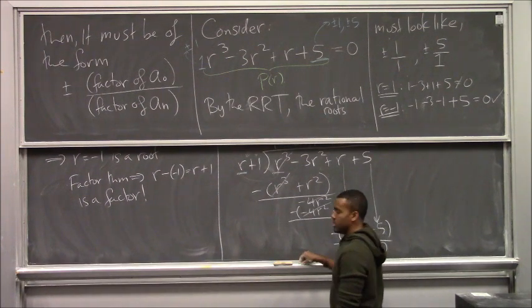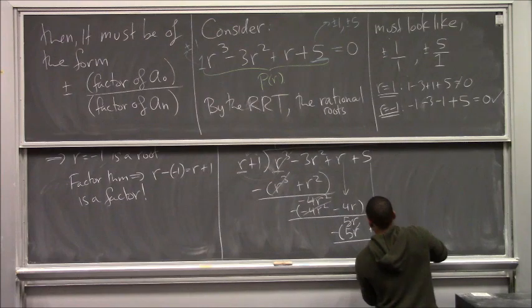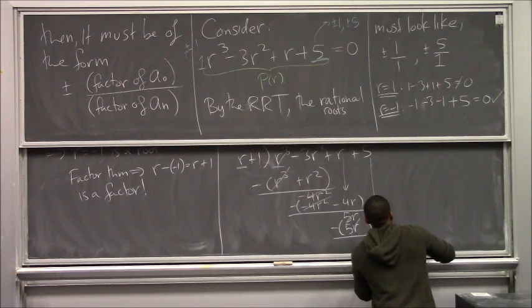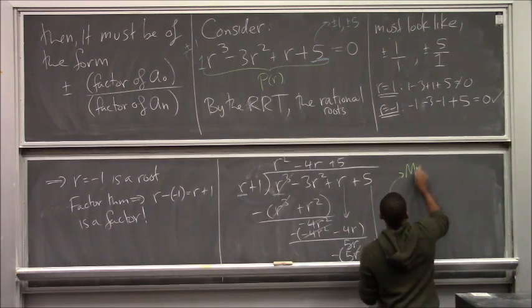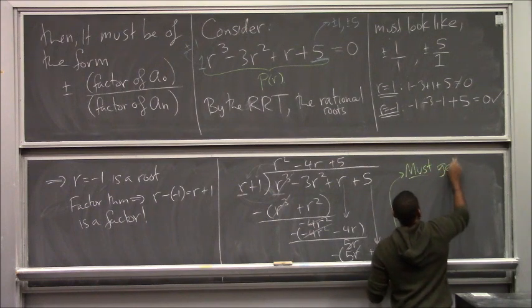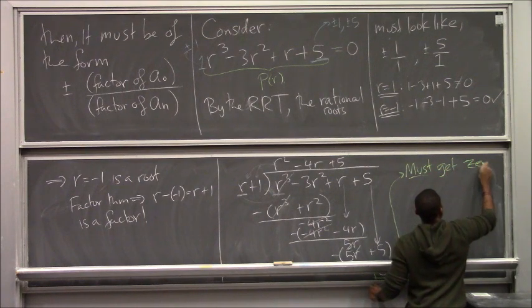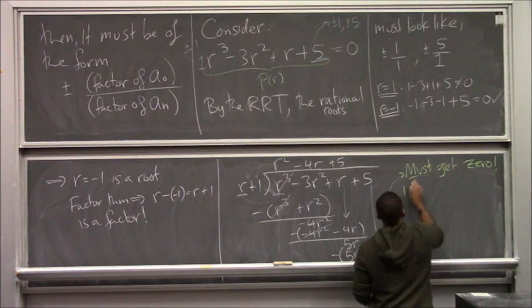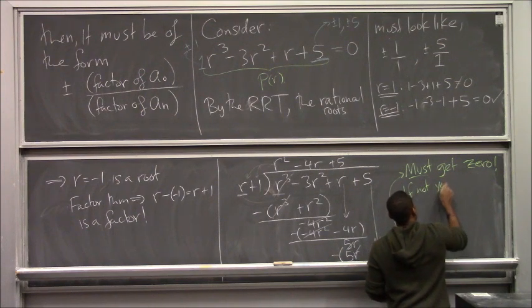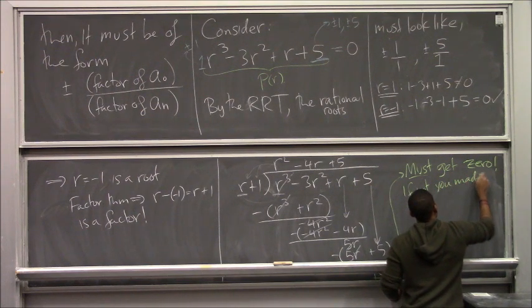Now, it is very important that you get 0. Not 0, you made a mistake.